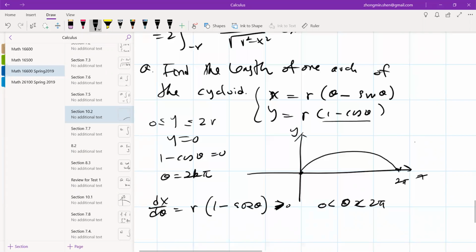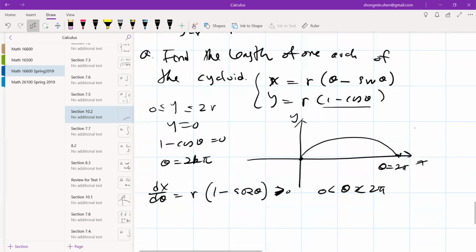So as theta increases, x increases. When theta equals 2 pi, y is going to be 0. What is x? X is going to be 2 pi r.